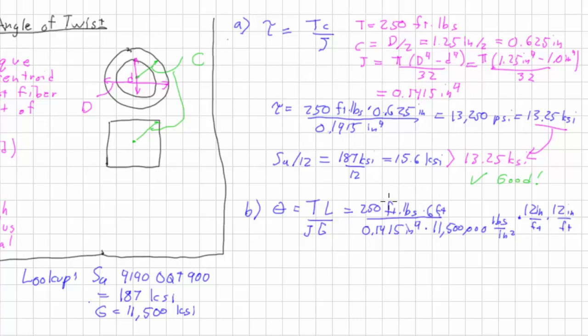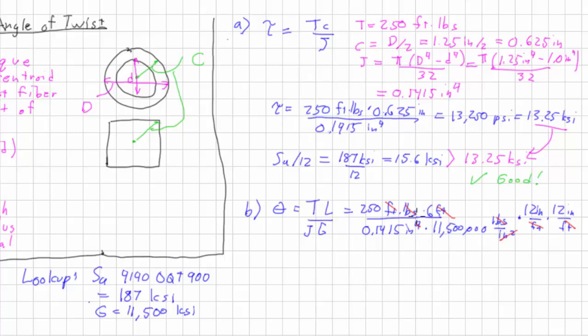Okay, let's look at the units here. We got feet here, cancel those out. Okay, pounds on top, pounds on the bottom. Now down here we've got inches to the fourth on the bottom, but inches squared on top.